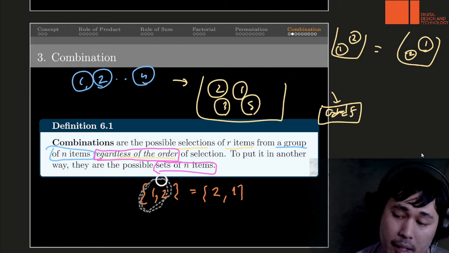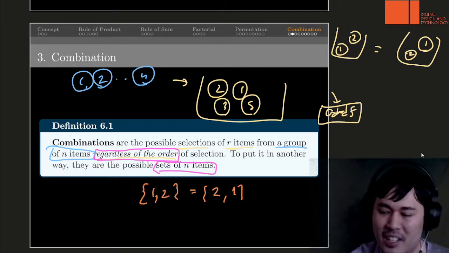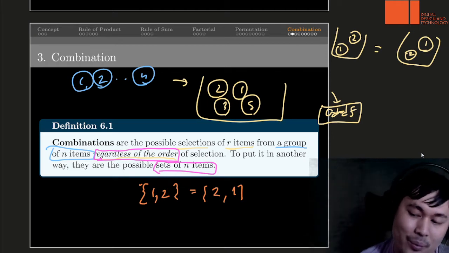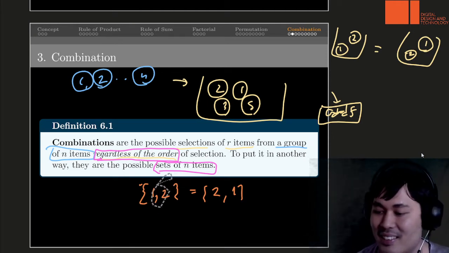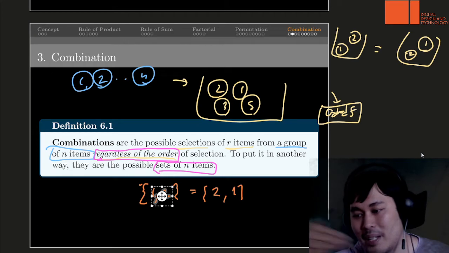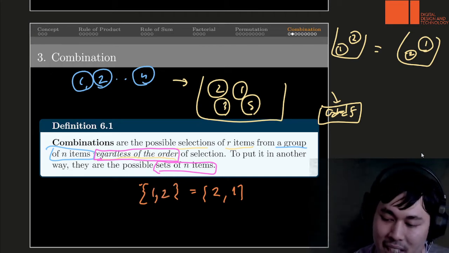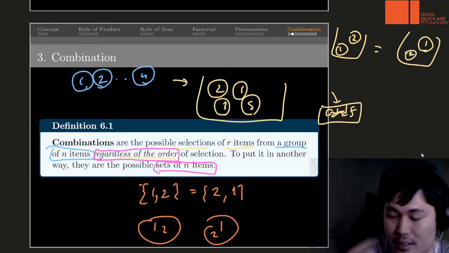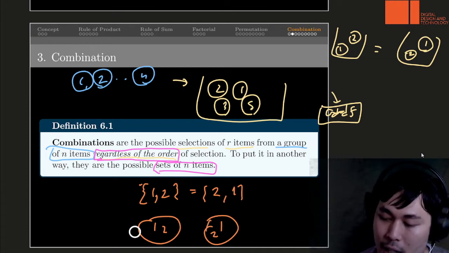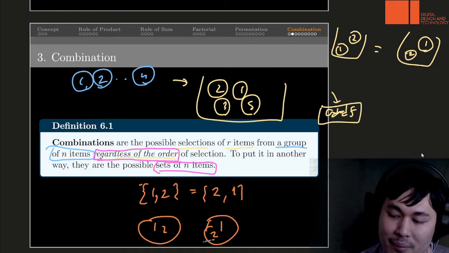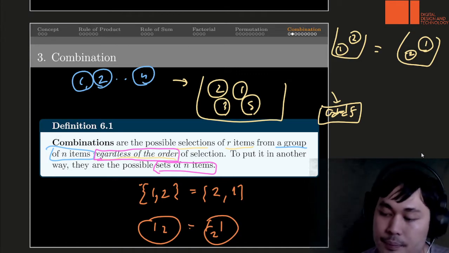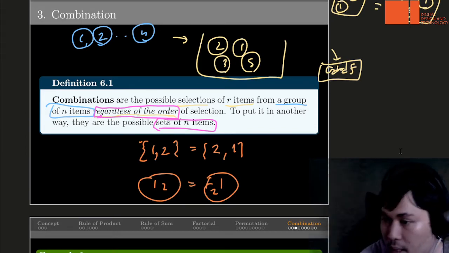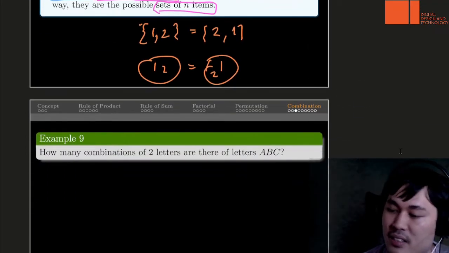All we care about is this abstract idea where there are some elements inside, and you don't care about where it is inside. Is it on top, bottom, left, right, back, front? They're the same. If you express them as a Venn diagram or an Euler diagram, they are the same anyway. So that's the combination.